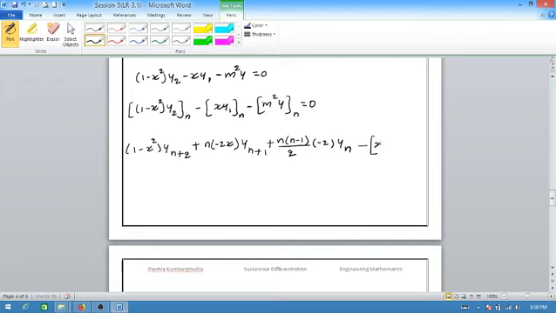So x as it is, nth derivative of y1 is yn plus 1, plus nc1 which is n, into, differentiation of x is 1, the n minus 1th derivative of y1 is, I will write yn here itself, into yn. Minus m square, nth derivative of y is yn. So that is equal to 0.